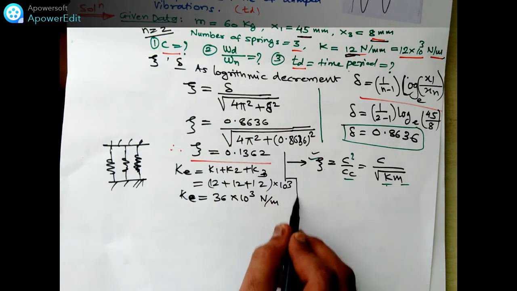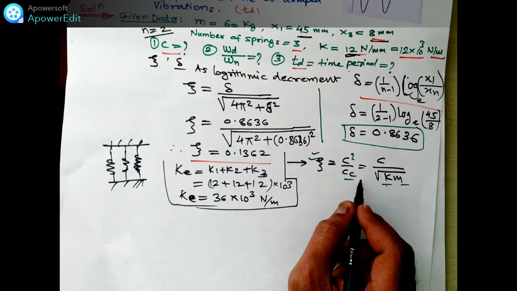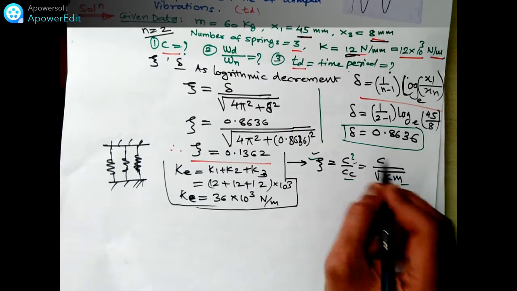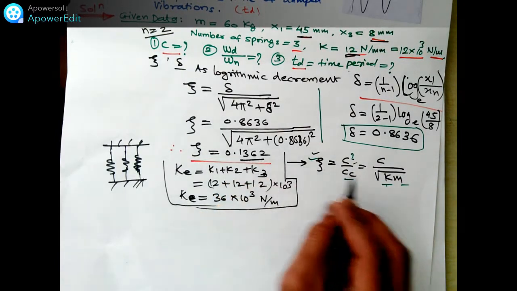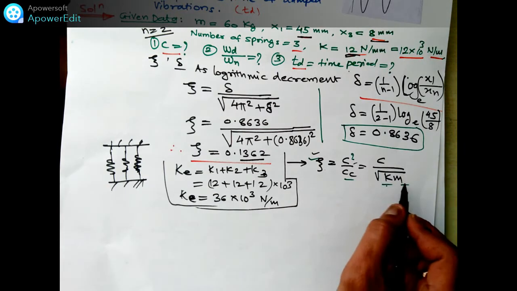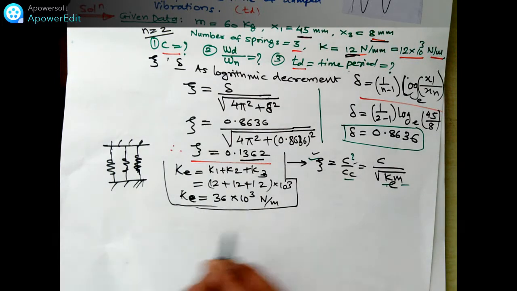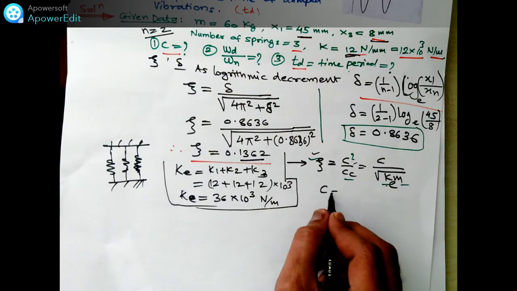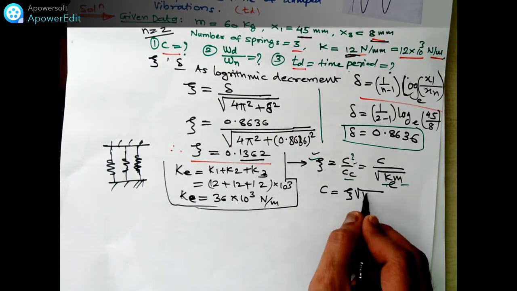Once we got the value of Ke, what do we have to find out? The C. How can we find out the C? Zeta we know, and this K and M we know. K means Ke equivalent here. So C is equal to zeta into under root of Km.